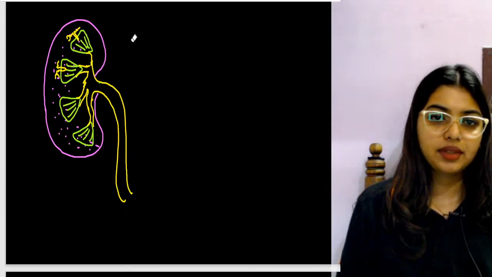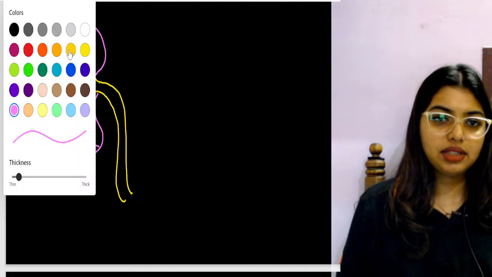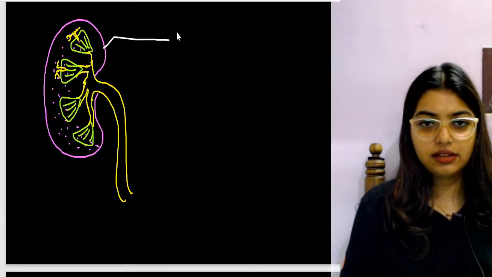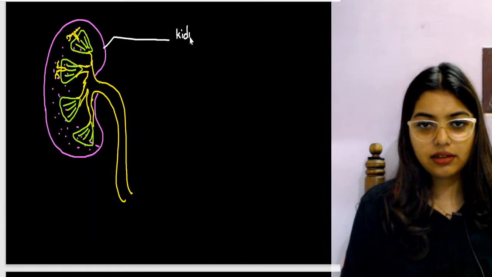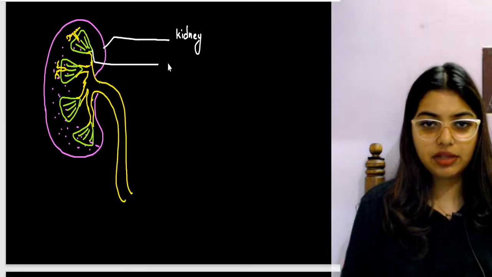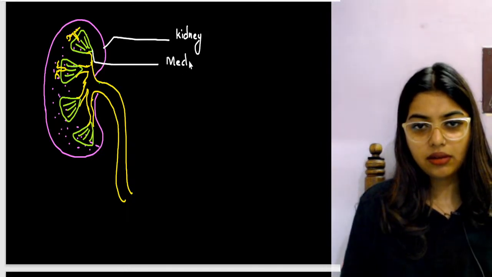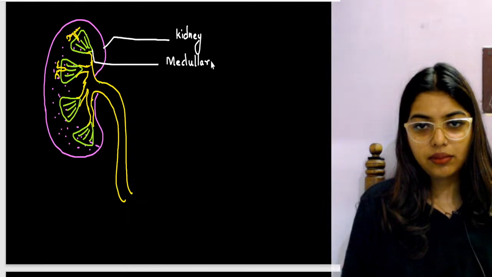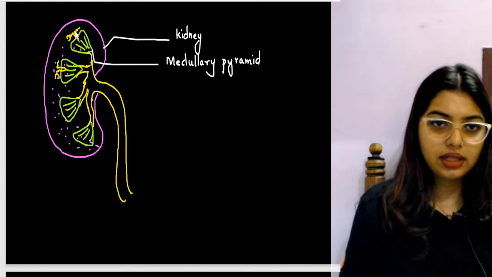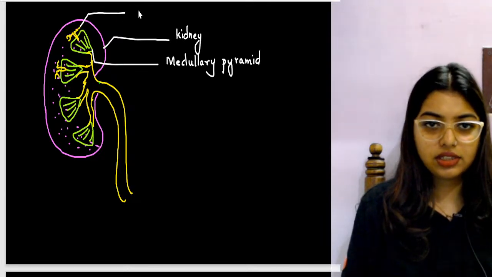Okay, done. Now let's label these parts. So this is your kidney. This is the medullary pyramid. Then these are your nephrons.